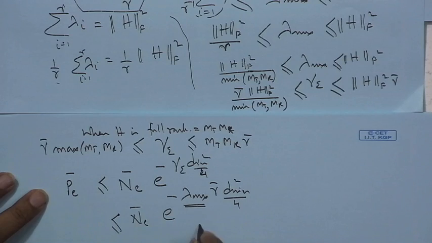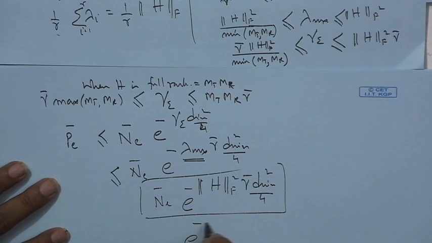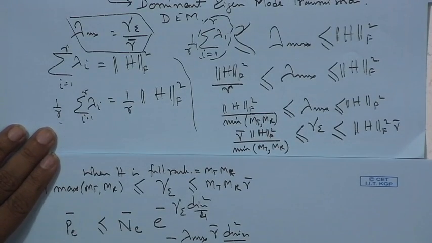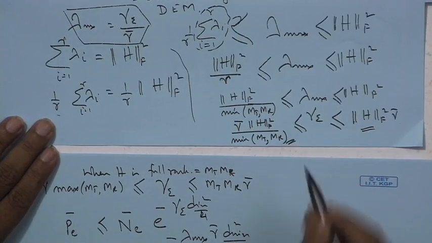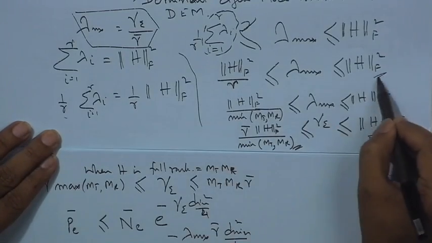One of the values is the Frobenius norm of H squared times gamma bar d min squared by 4, e to the power of minus n_e bar. So this is one limit. The other limit is e to the power of minus the Frobenius norm of H squared into gamma bar into d min squared by 4r. This is the second limit, which we have seen over here. This is one of the limits, and this is the other limit.